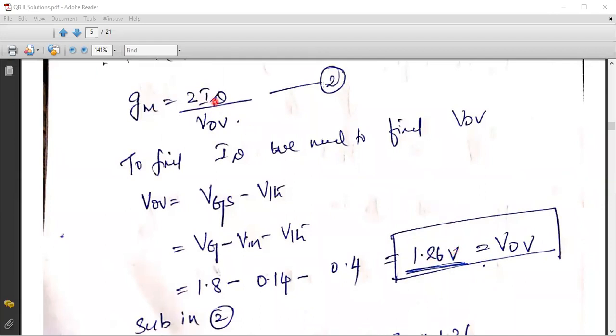Rearrange it and solve for ID and let me know the answer in the chat box. That will be the maximum allowable input current. Why am I saying maximum allowable input current? Because you have substituted maximum allowable input voltage over here, isn't it? So correspondingly, if you substitute all the parameters here, the obtained current from equation number 2 will be nothing but your maximum allowed current flow.